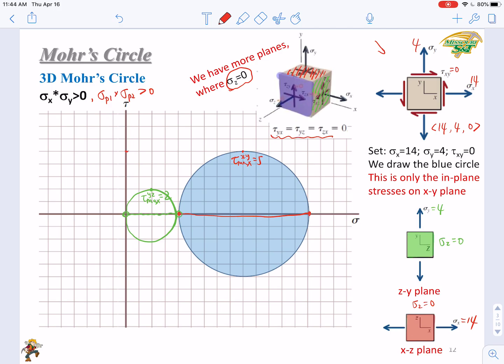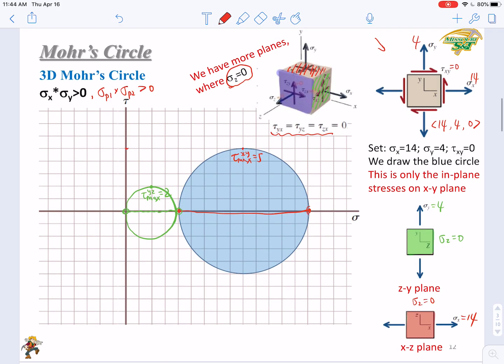The first point, sigma x, is 14 here. The second point is 0 here. And their tau components are both 0. So just connect these 2 points to get the diameter. The diameter is 14, right?